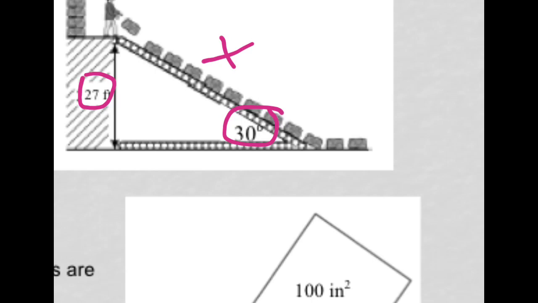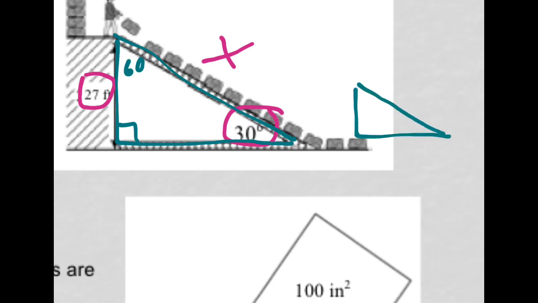So, here's my triangle, 27 by something else, right? Well, we know that it is a 30, 60, 90 triangle. And so we just have to set up a ratio with a triangle that we know. So I'm going to draw my known triangle.